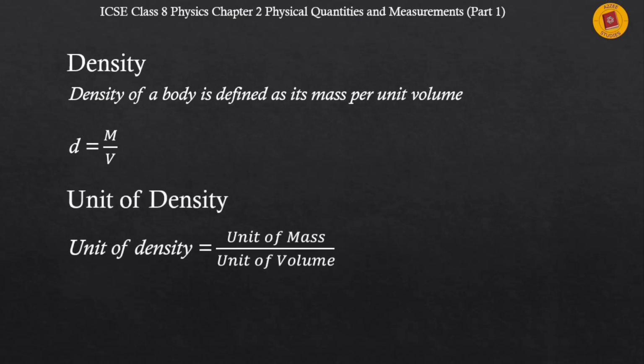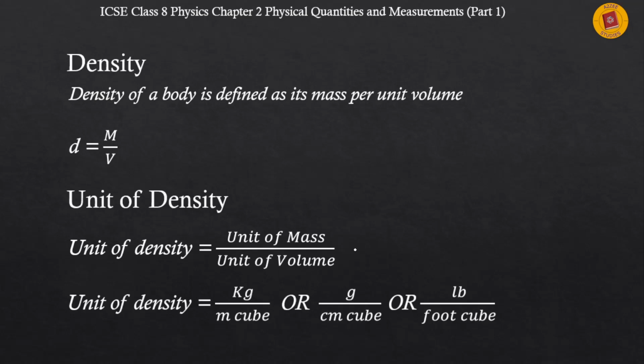So let's see what are the units of density. Units of density can be derived by using the formula unit of mass divided by unit of volume. So what is the unit of mass? In the SI system it's kg, and the unit of volume in the SI system is meter cube. So in the SI system, the unit of density is kg divided by meter cube.